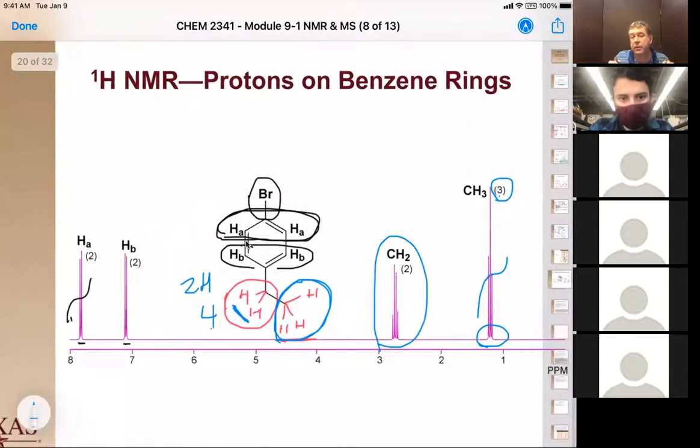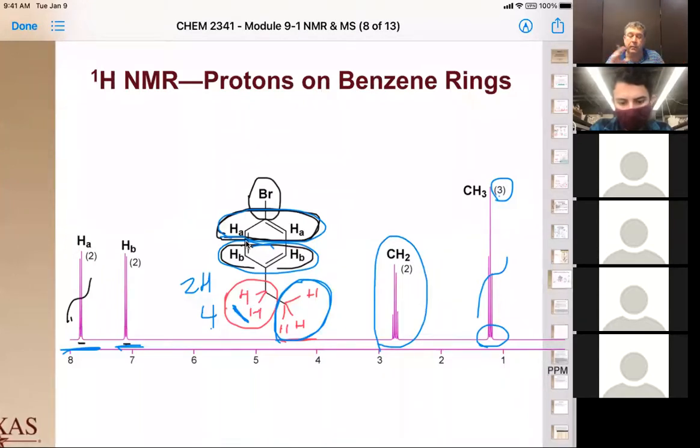But the unique part about this is because we have this half being magnetically equivalent and this half being magnetically equivalent, we get this pretty doublet of doublet peaks in the benzene ring range, which is 7 to 8 ppm. All right, so that's para.